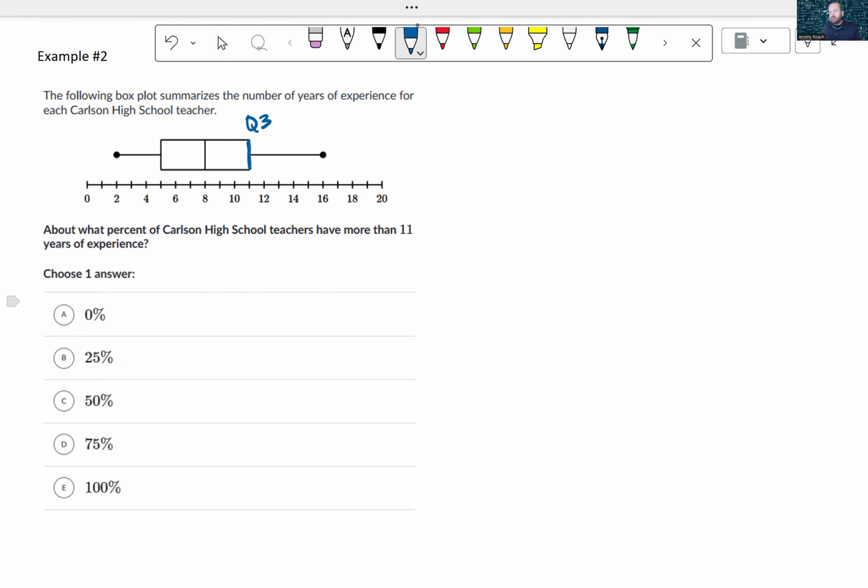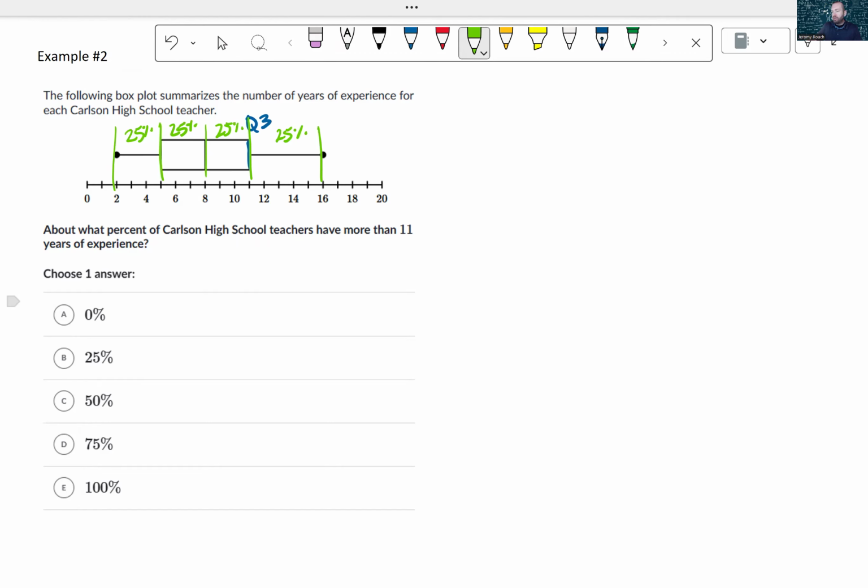Each quartile, again, is 25% of the data. So let me see if I can maybe section it off like this. Just for illustrative purposes, we don't normally write on here like this, but if we section it off like that, we can say that's 25%, 25%, 25% of the data, and this is 25% of the data. And it says, what percent have more than 11?